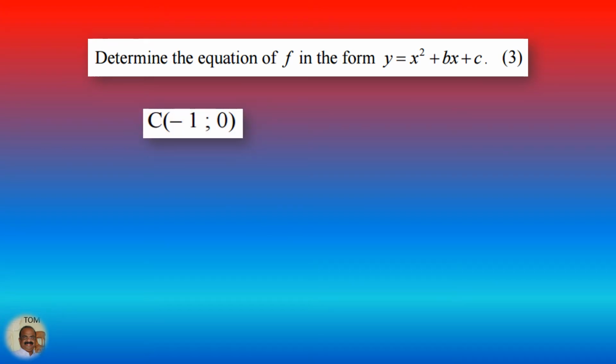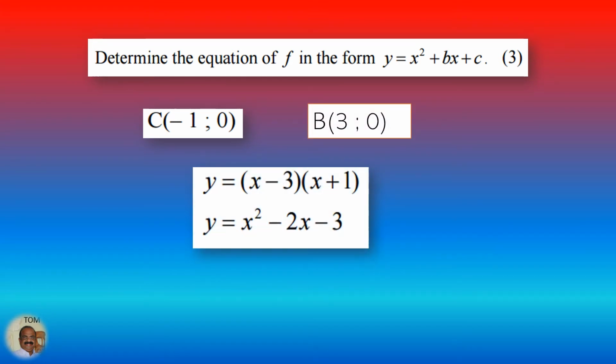Next question, determine the equation of f in the form y equal to x squared plus bx plus c. 3 marks for that. In the previous question, we already got the coordinates of C and we already have the coordinates of B. Those two are the x-intercepts. So using the x-intercepts, we can write down the equation of the parabola.